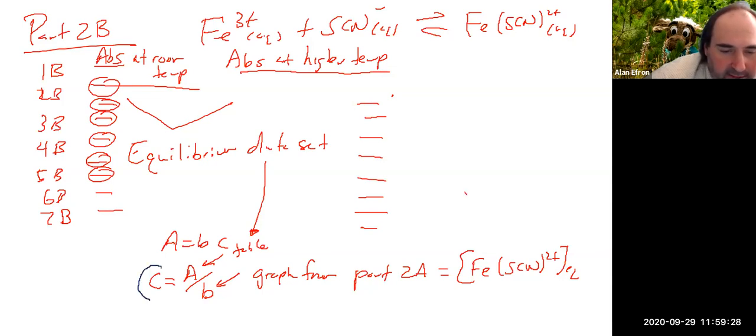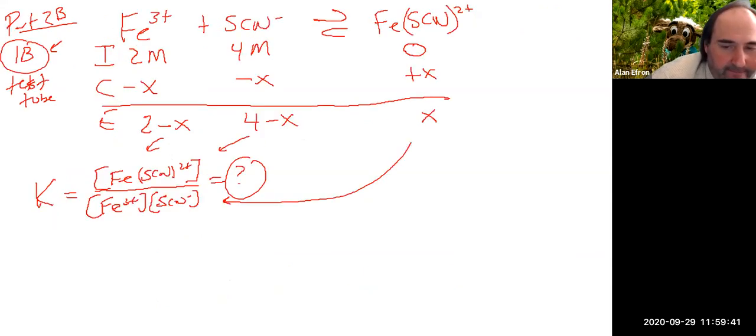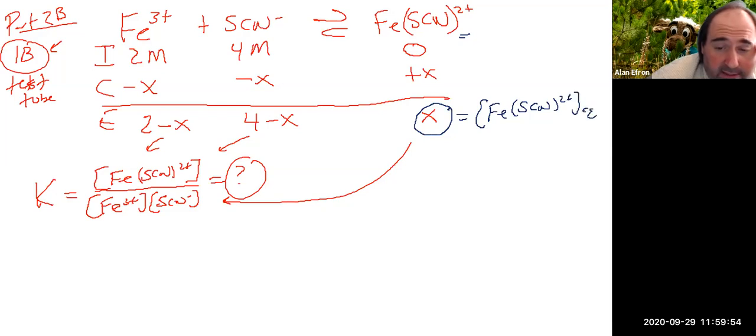When you calculate the concentration of your product in each of those test tubes based on the absorbance value, that gives you this species' concentration at equilibrium, which equals X, which equals the C value you got from the graph in part 2A.